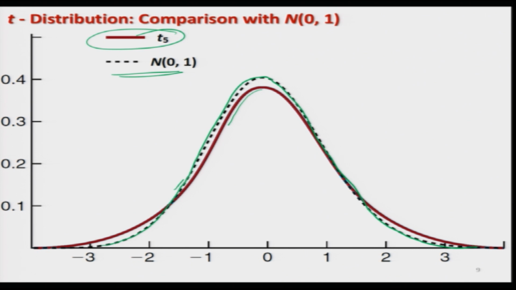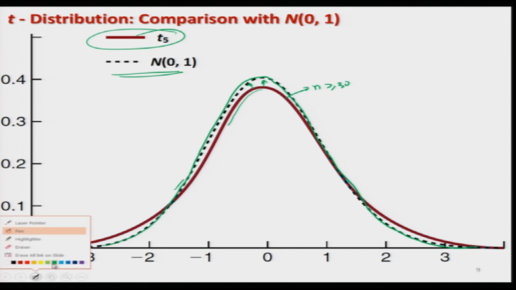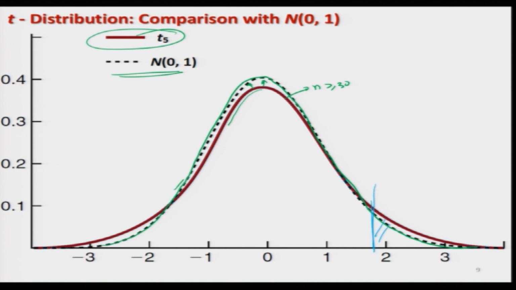Now, as soon as you make the degrees of freedom n greater than or equal to 30, this curve will become nearly the same as normal 0, 1. Suppose you want to compute a certain probability with n greater than 30, say alpha equal to 0.10 as I took in the example earlier.